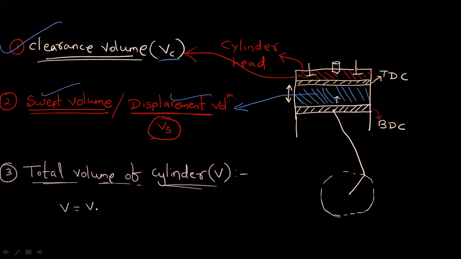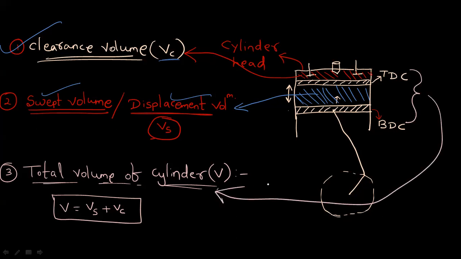It is the summation of swept volume and clearance volume. If we add this swept volume with clearance volume, this is called the total volume of the cylinder. VS means swept volume, VC means clearance volume. So three types of volumes we have in the cylinder.